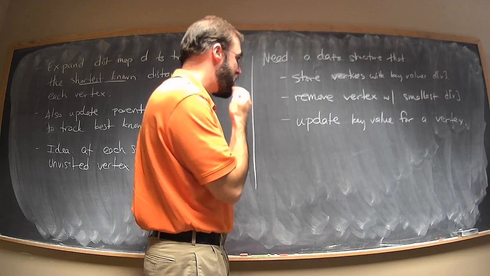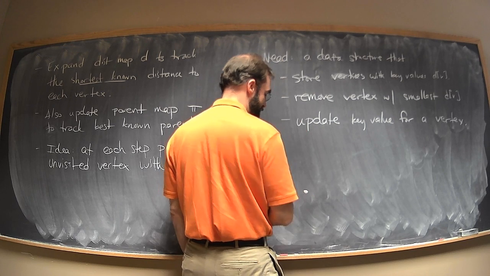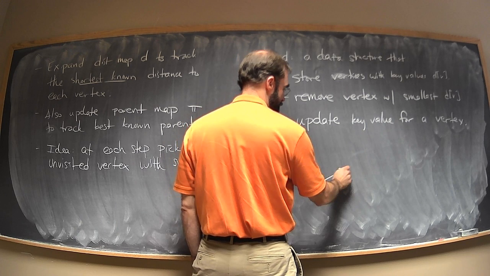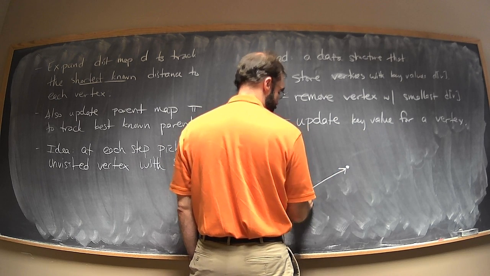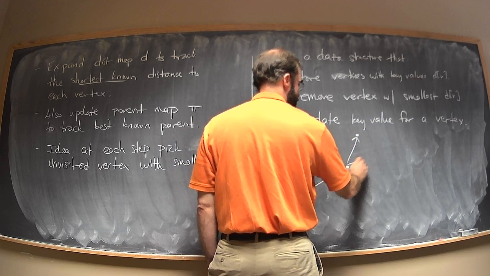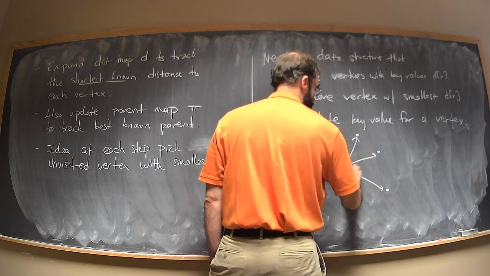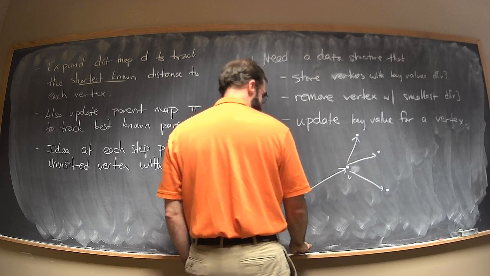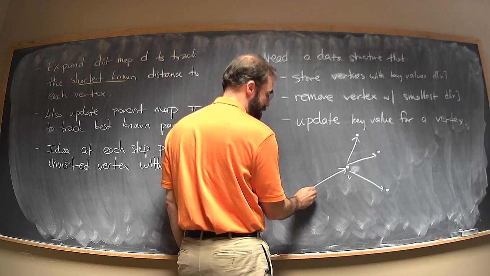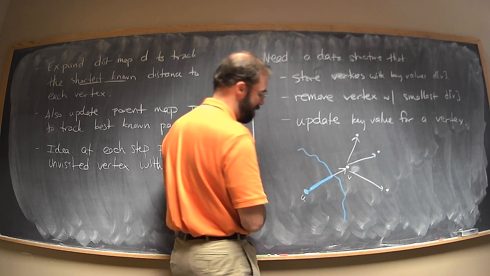Okay, and here's why. Let me draw a little picture, which I think may be helpful in multiple ways. We'll call this U, we'll call this V, and then I'm going to have the other vertices here. So we're in this scenario where, okay, here's the water expanding out in the graph.